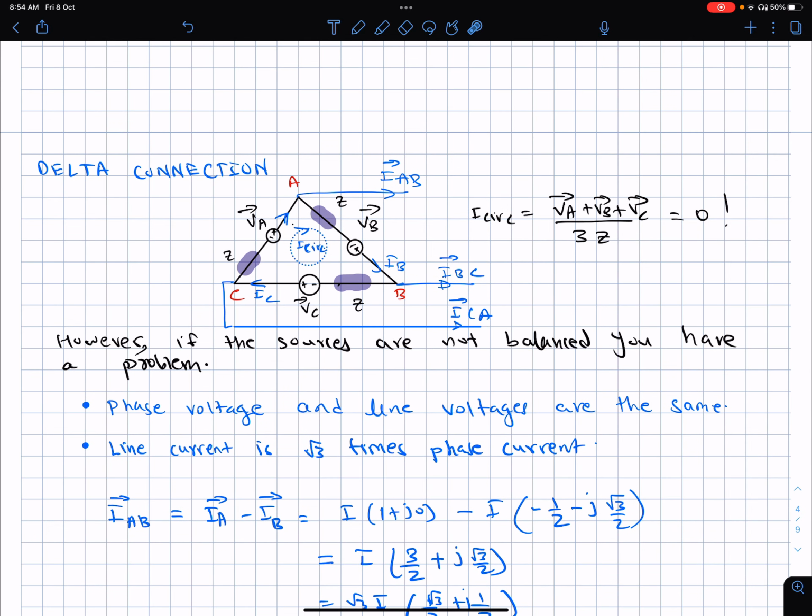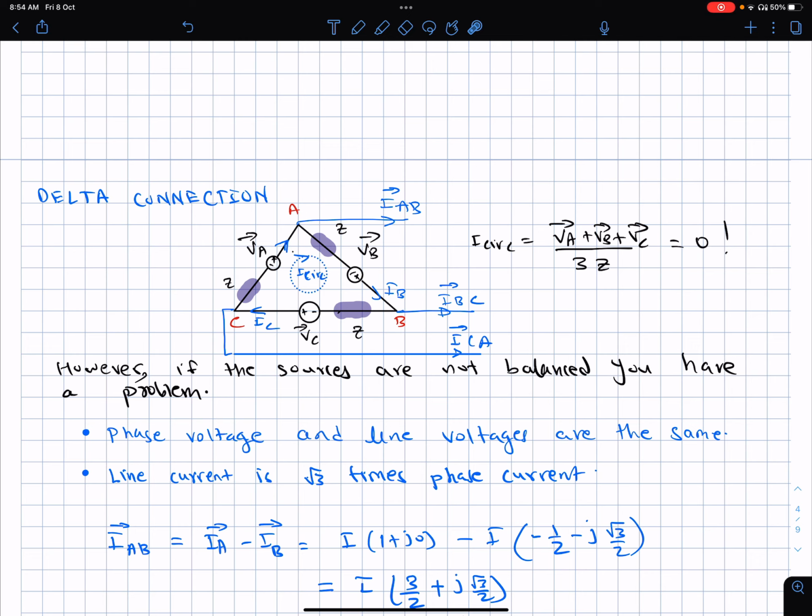Now we have seen that for a delta load, the phase and the line voltage are the same. What about the line current? In fact, this system is like a dual of the other system.